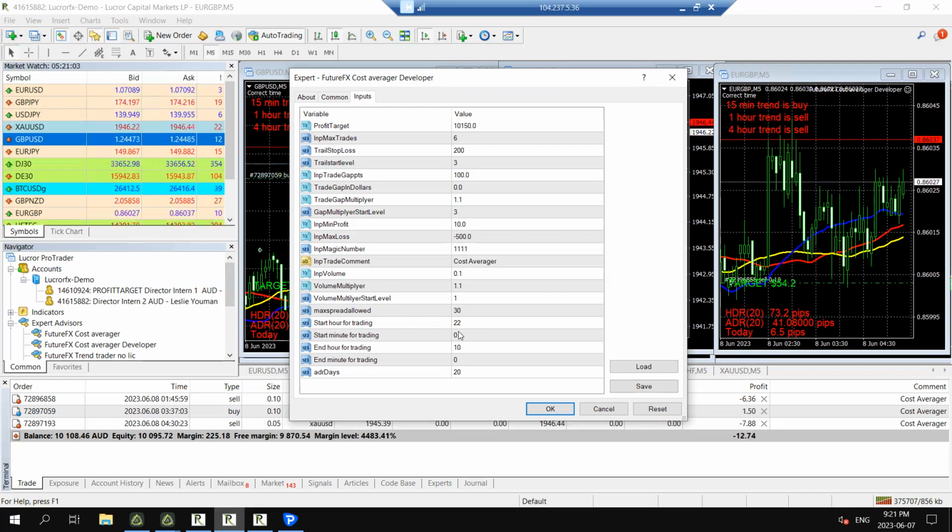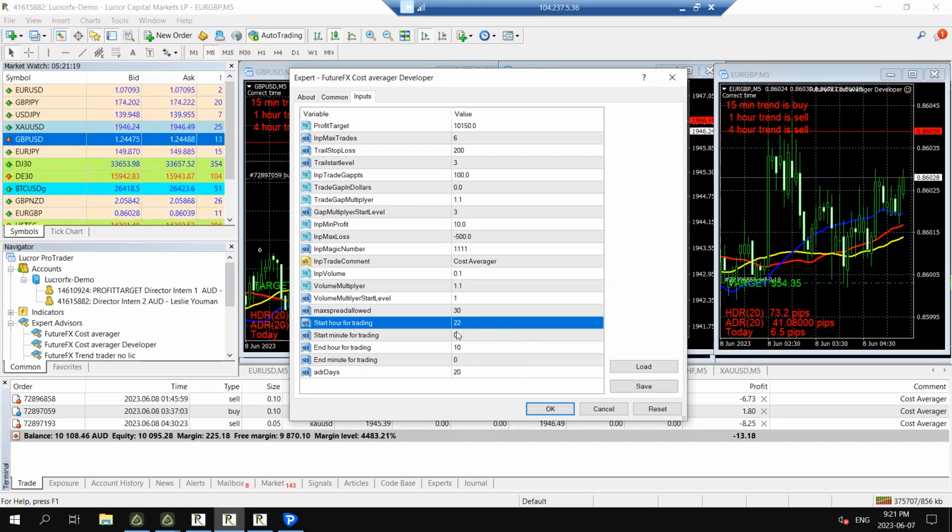So there'll be 2 hours at the end of every day it'll trade, and then it'll trade all the way through until 1000 hours the next day. That's 12 hours' worth of trading. Between 1000 hours and 2200 hours, so for the next 12 hours, no matter what happens, the software won't be able to take out any initial trades.